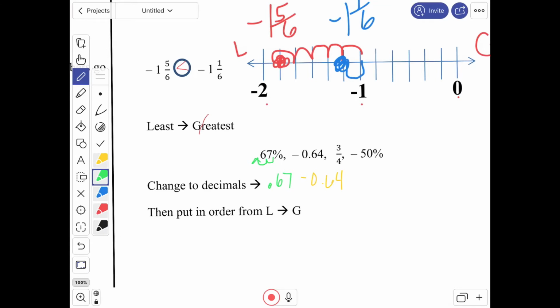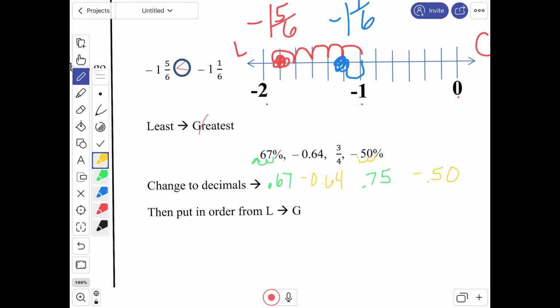And then 3/4 would be 0.75, which is on that sheet you're supposed to be memorizing. And negative 50% would be negative 0.50. And if any of them had a lesser amount of digits, we would want them to all have the same amount of digits so we can compare.